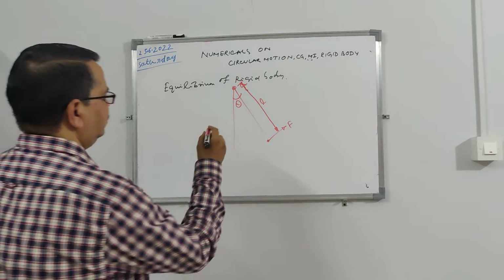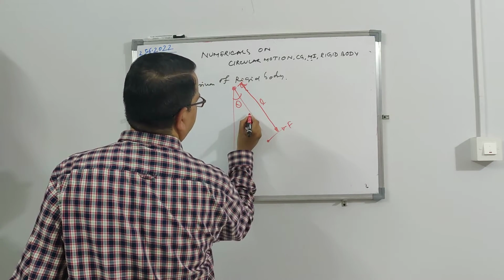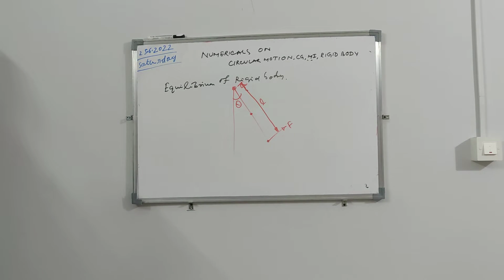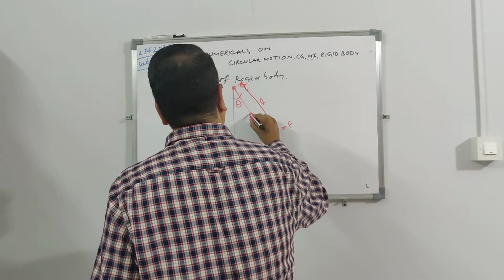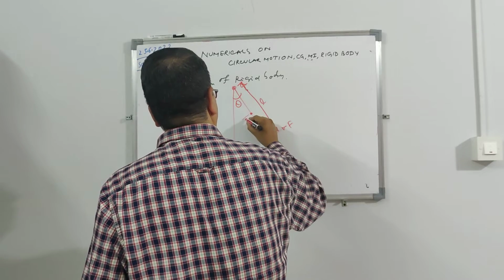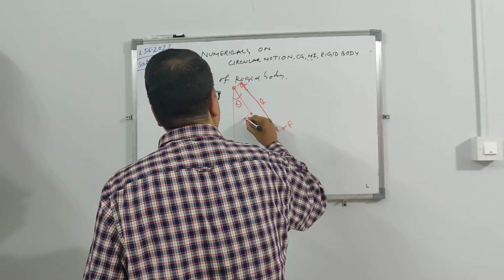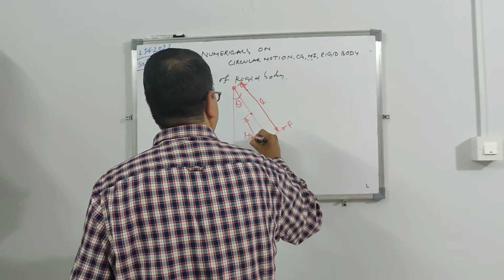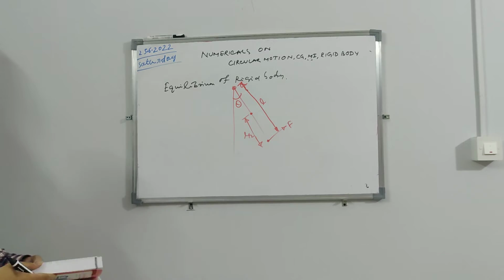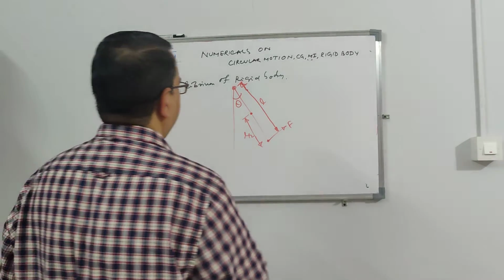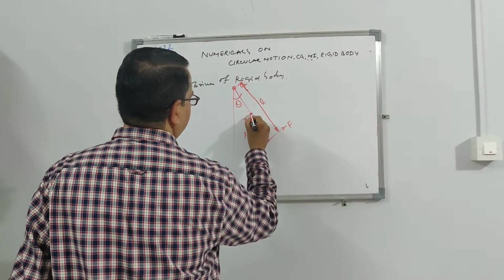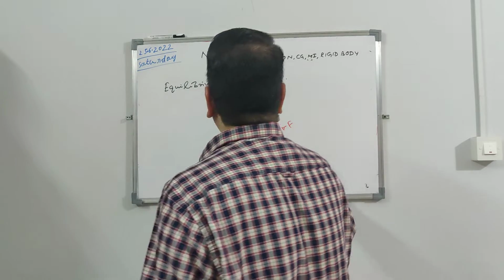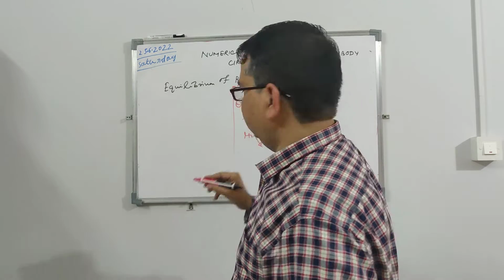Because this is a bar, the mass will act at the CG of the bar. That's why this length will be L by 2. The weight acting here is mg, and this mg will have two components.